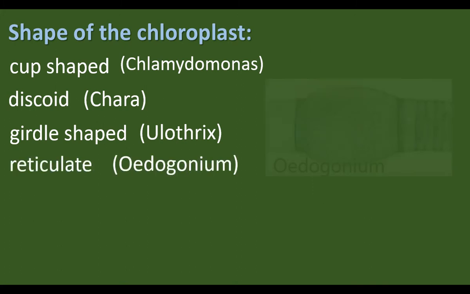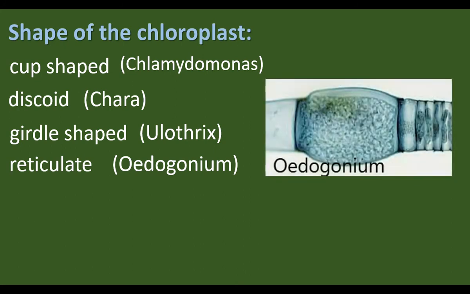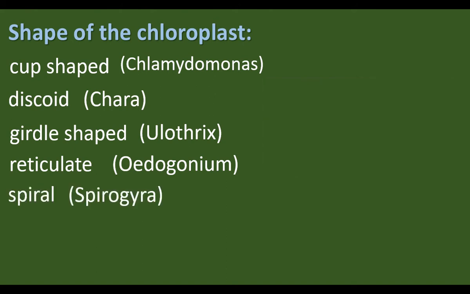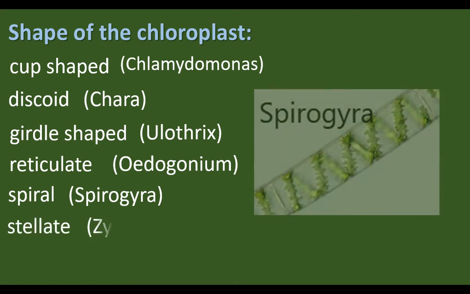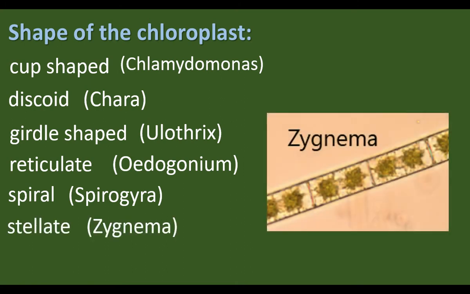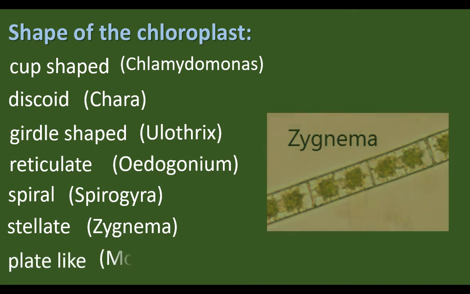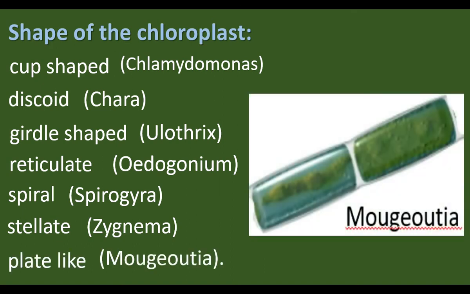The chloroplast is reticulate in Oedogonium. It has a network-like chloroplast. Spiral-shaped chloroplast is found in Spirogyra. Star-shaped chloroplast is found in Zygnema. Plate-like chloroplast is found in Mougeotia.